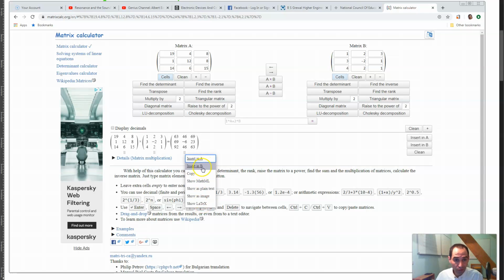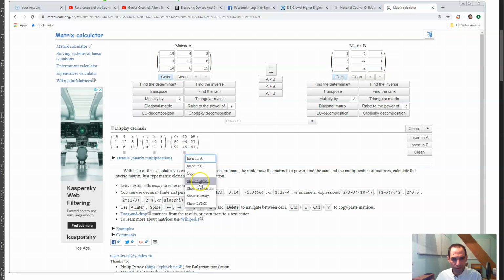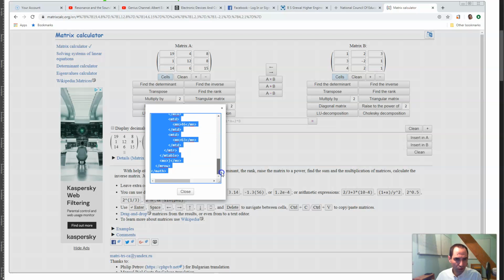And it gives you all of these wonderful options like insert in B, copy, show MathML, show as plain text, show as image, and so on and so forth. So for example, I don't know what I would do with this, but MathML would be something like this that you could enter into your website.